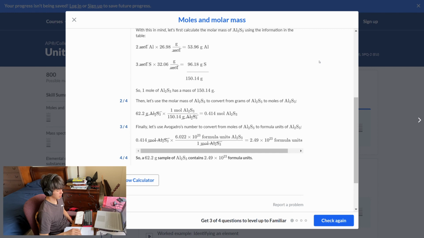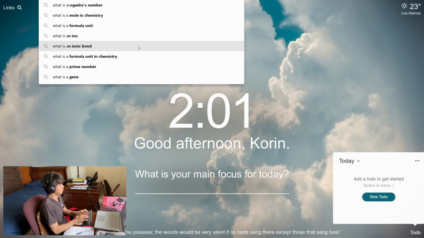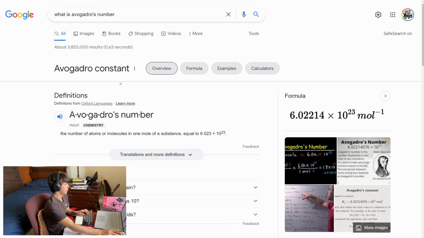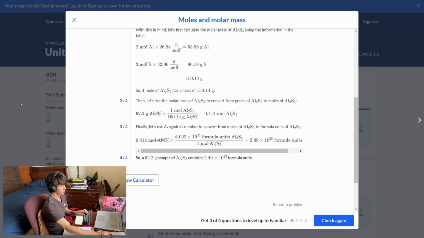Or was it per mole? Forgotten everything. It's the number of molecules in 1 mole. So it's molecules per mole. So we're finding the number of molecules.